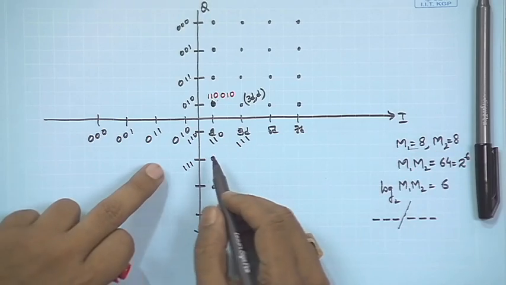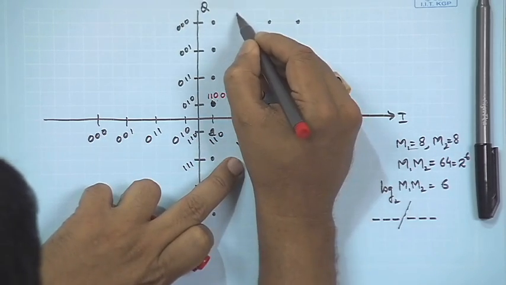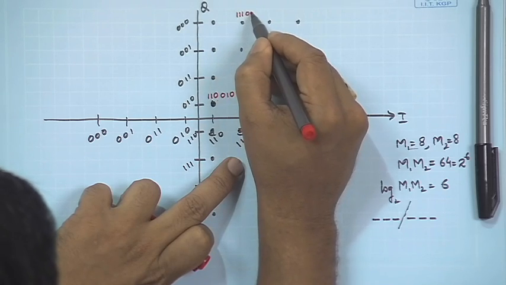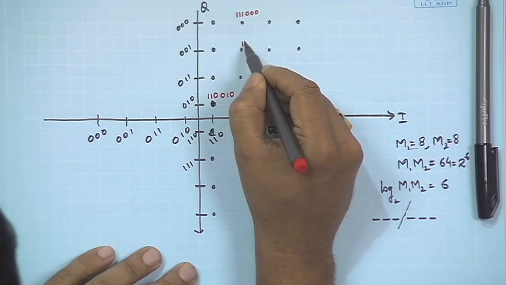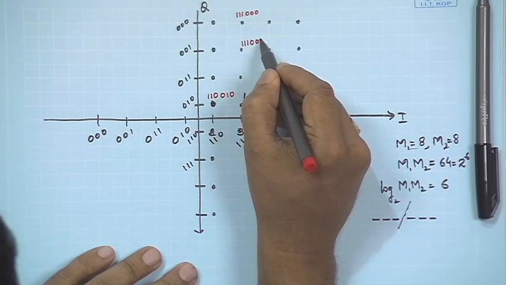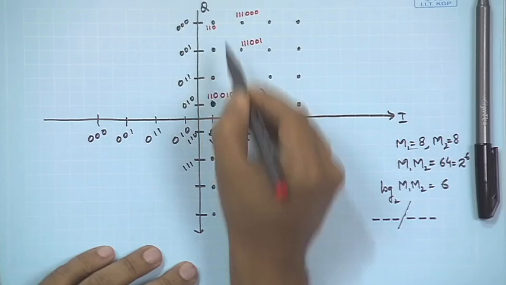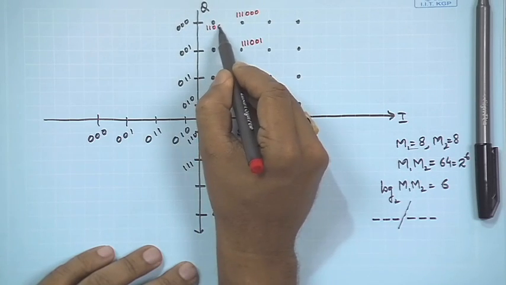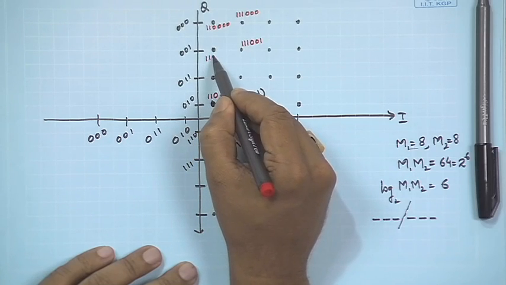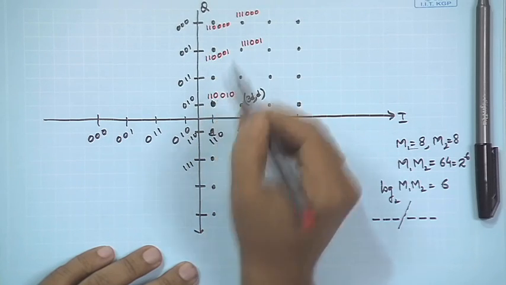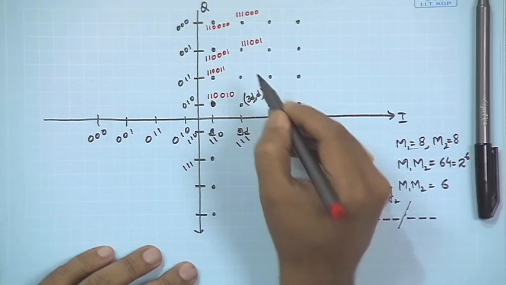If we select, let us say, this particular constellation, this would have 1 1 1 and 0 0 0. This particular constellation would have 1 1 1 0 0 1. And if I take this, it is 1 1 0 because it is 1 1 0 here and 0 0 0. Similarly, this one would be 1 1 0 0 0 1, 1 1 0 0 1 1.